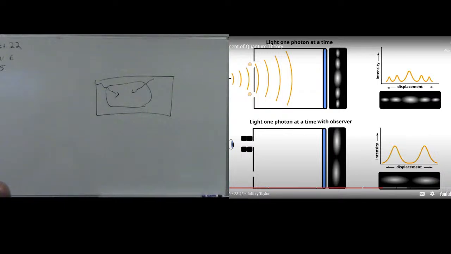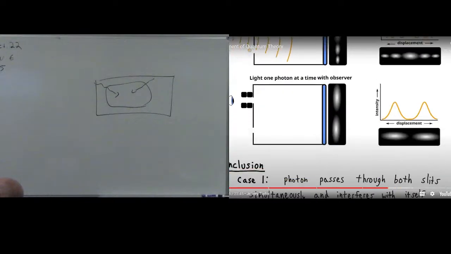Well, if we check, then we will no longer have an interference pattern. We'll have light go through this slit and build up a particle-like distribution, or it can go through this slit and develop a particle-like distribution. So now our photographic plate will look very different just because we're checking which slit the photon goes through. So what's going on here?